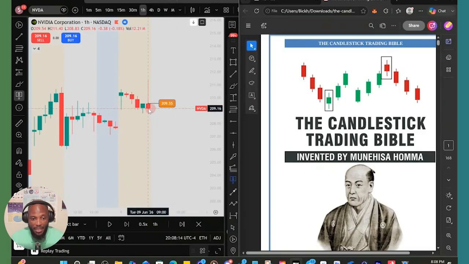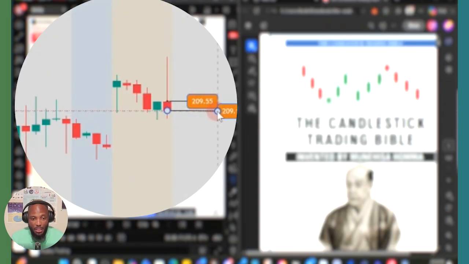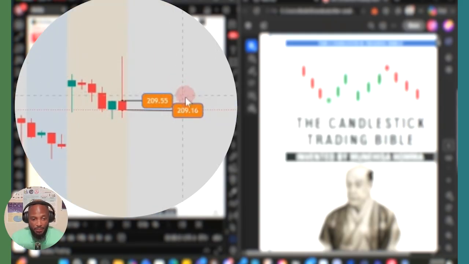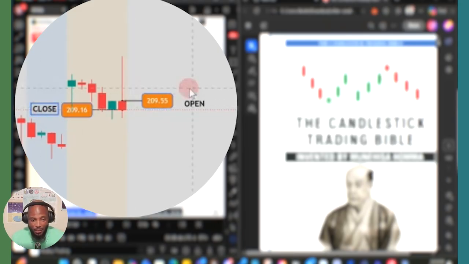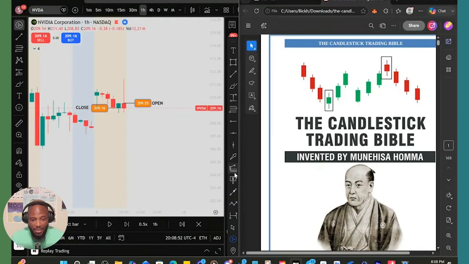Every candle will provide you 4 things: an open price, a close price, the highest price that asset reached on the time frame you're looking at, and the lowest price that asset reached on that time frame.